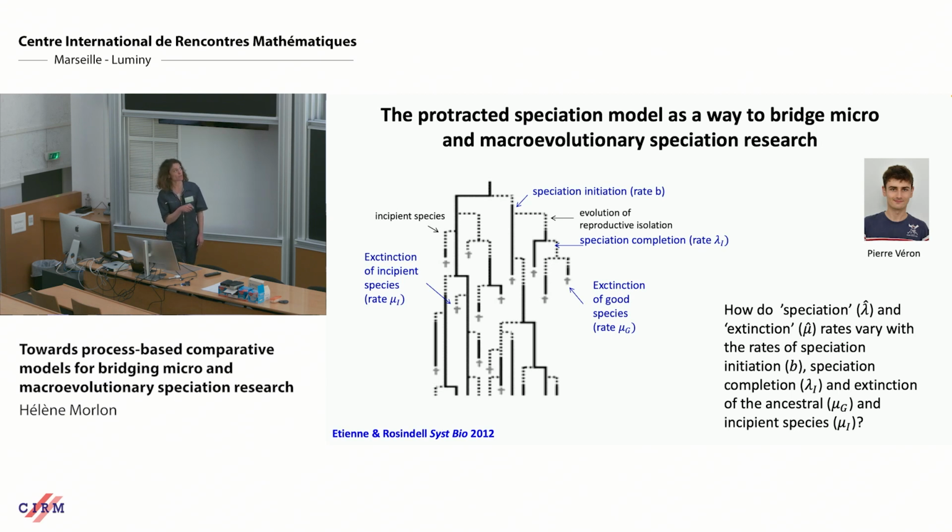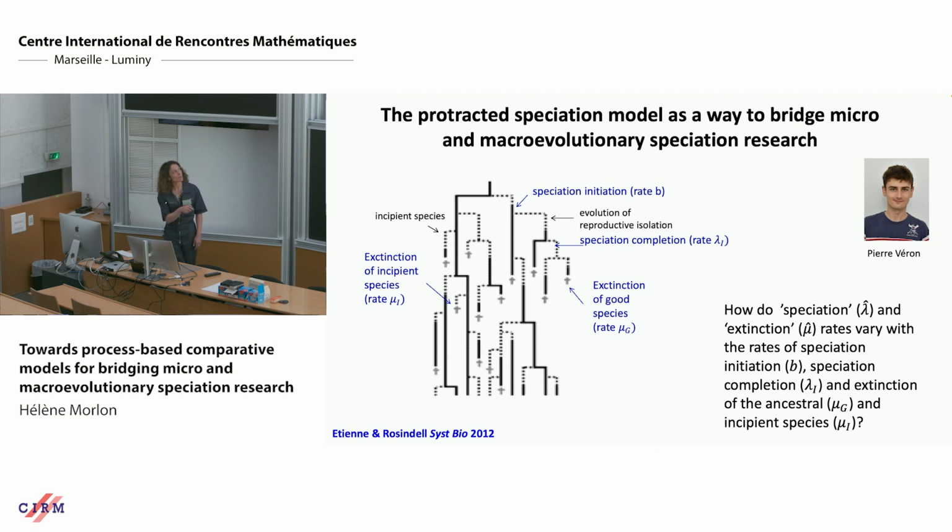So something that Pierre, who is a PhD student in my group, has started working on is to try to relate these equivalent speciation and extinction rates that we see in our original birth-death models with these different rates of speciation initiation, speciation completion, and extinction of ancestral and incipient lineages.